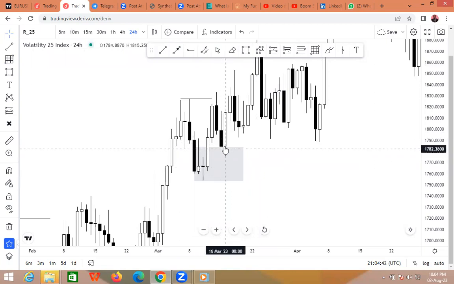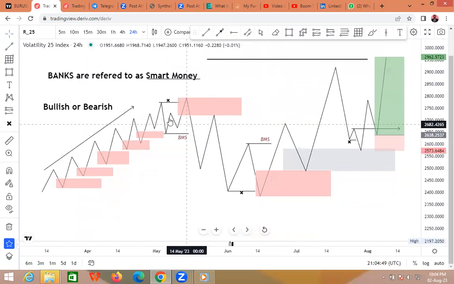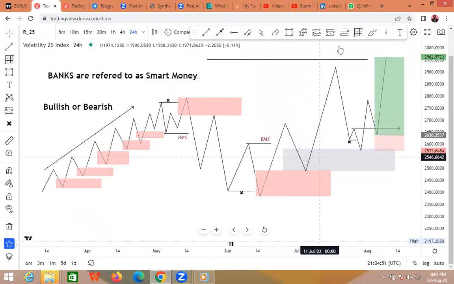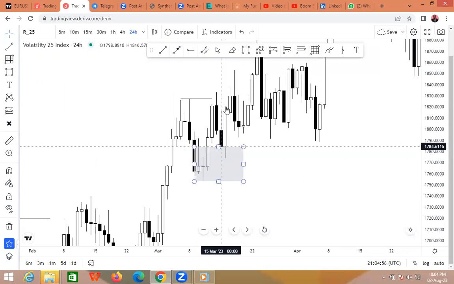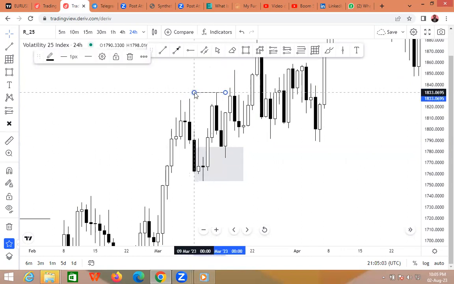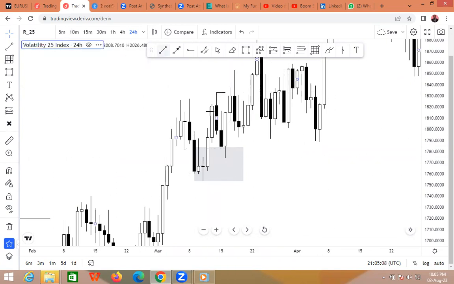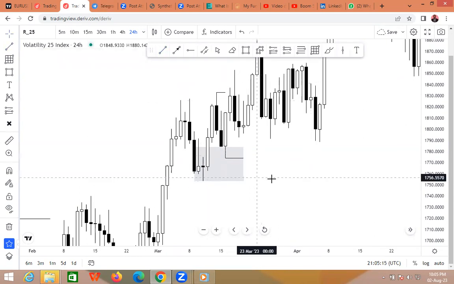If you go to lower time frame, you see how the price gave you this model formation that we spoke about here. Price gave that break and retest before price bought. You see it there. So price broke this high. This is now the top range, and this was the down range.